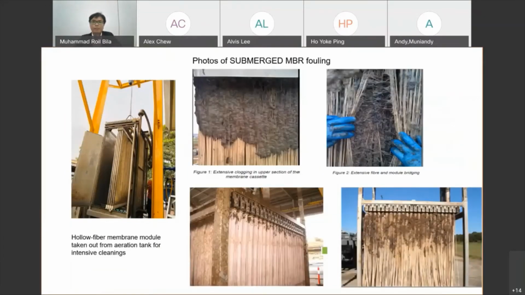Okay, this is an example of a hollow fiber membrane that is heavily folded. As you see here, you see a membrane that has what we call sludging. The reason is that it is very difficult to get homogeneous aeration on the hollow fiber membrane.